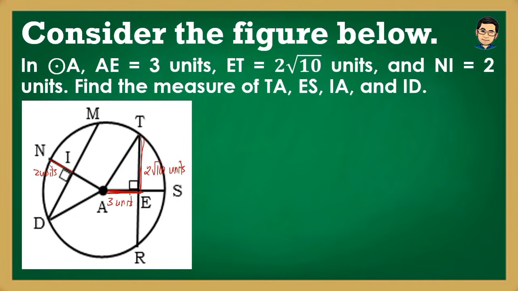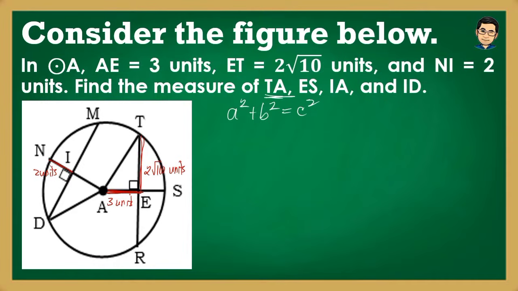So, yung una nating kukunin is TA. So, for us to be able to determine the measure of TA, gagamit po tayo dito ng Pythagorean theorem. So, yung Pythagorean theorem, that is A squared plus B squared is equal to C squared. That is, the sum of the square of the two legs is equal to the square of the hypotenuse. So, bakit ko nasabi yung Pythagorean theorem?